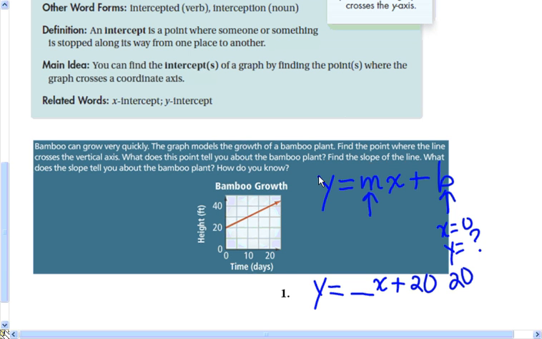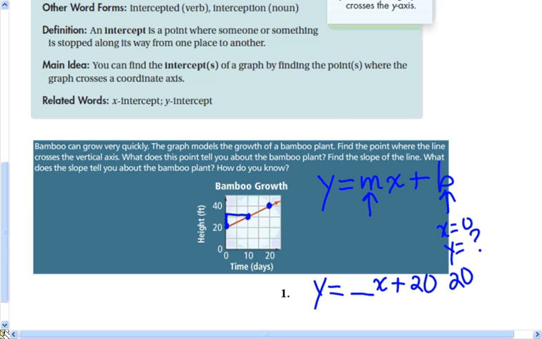Now, if you look closely at this, it looks like points like that. And if you don't look at the scale, it looks like you're going up 1 for every 2 you go over. But you've got to be careful. With the scale here, we're actually going up 10 for every 10 we go over.